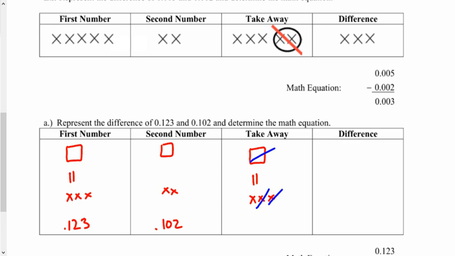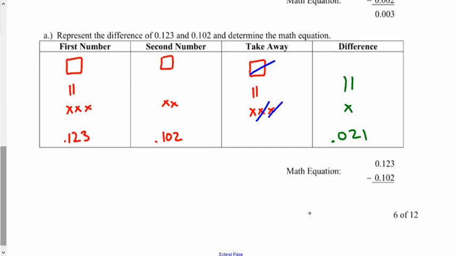And what we have left then, you can see I just have 2 rods and 1 unit left over, or in other words 0 flats, 2 rods, and 1 unit, or 0.012.